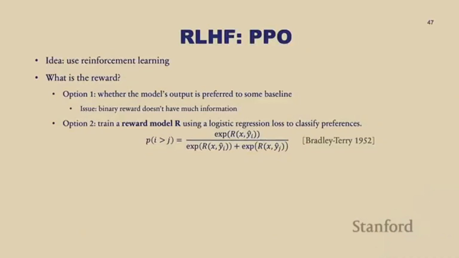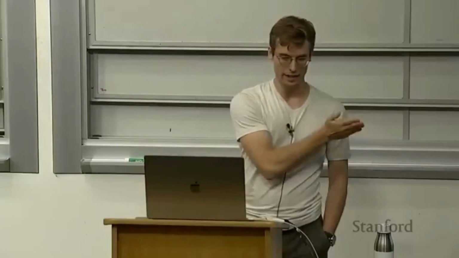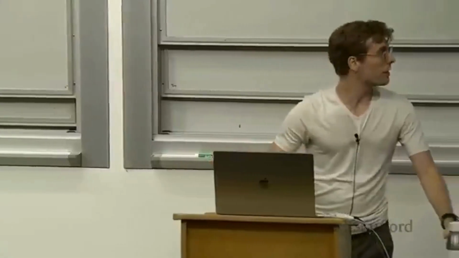Yes? Is this reward model going over the entire output, or is it going term by term? So this takes the entire output at once. It takes all the input and all the output, and it gives one number. Yes? With the reward model, where would a human be then? Oh, I see. Okay, sorry, maybe I wasn't clear.